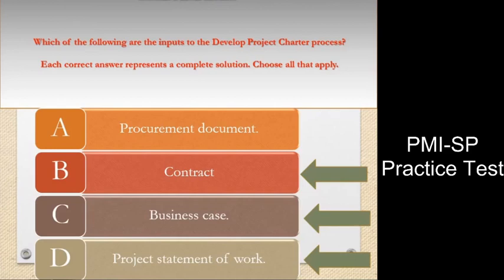The various inputs of this process are as follows: project statement of work, business case, contract, enterprise environmental factors, organizational process assets. The output of the Develop Project Charter process is the project charter. Answered option A is incorrect. Procurement document is the input of the Identify Stakeholders process.